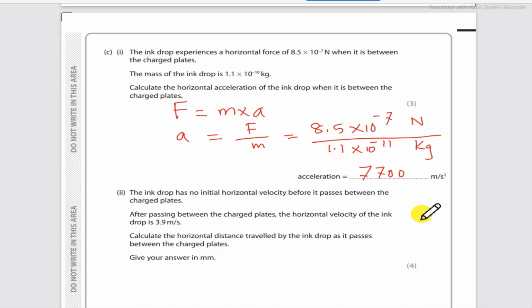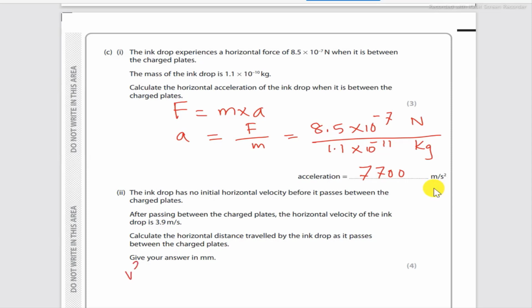The ink drop has no initial horizontal velocity before it passes between the charge plate. After passing between the charge plate, the horizontal velocity of the ink drop is 3.9 meter per second. Calculate the horizontal distance traveled by the ink drop as it passes between the charge plate. Give your answer in millimeter.